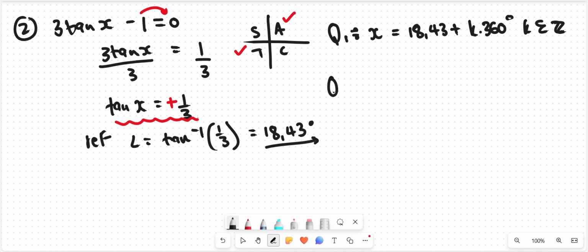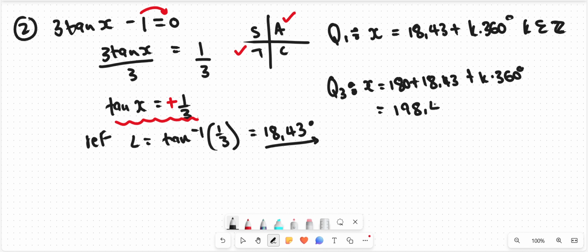That's quad 1. Then if I do it for quad 3, it would say x is equal to 180 plus my reference angle. So this should be 180 plus the 18.43, and you still have your K360 there. If you add those two, you end up with 198.43 plus K360.